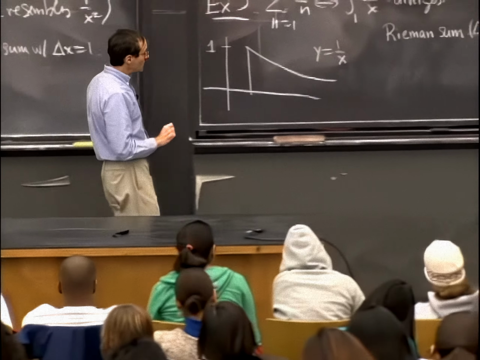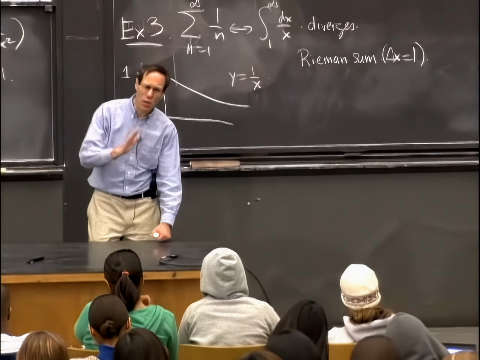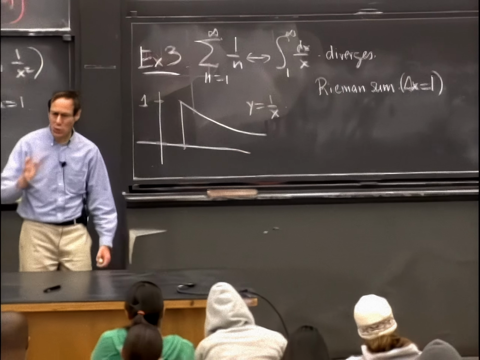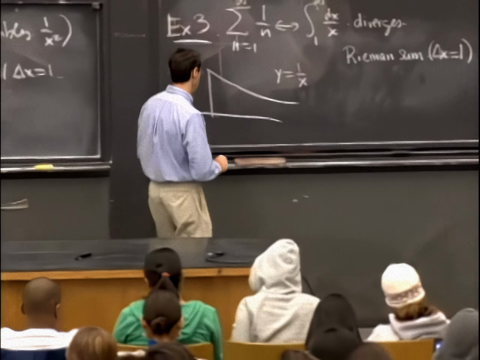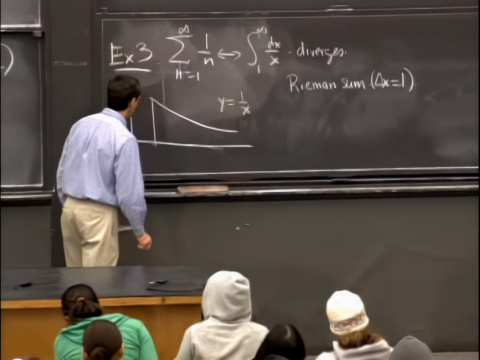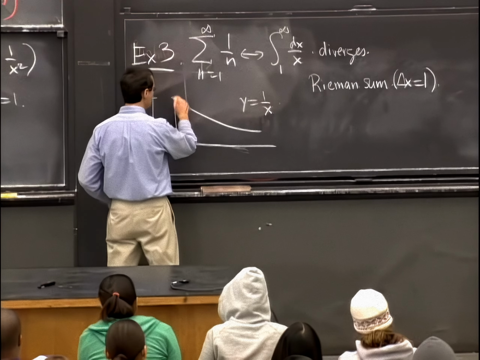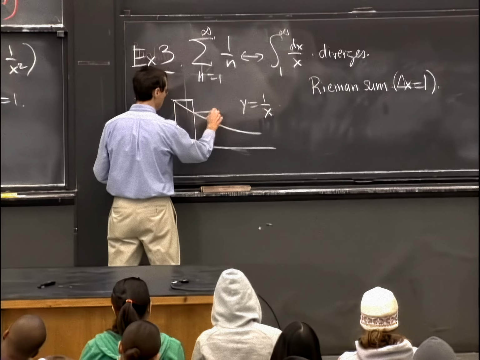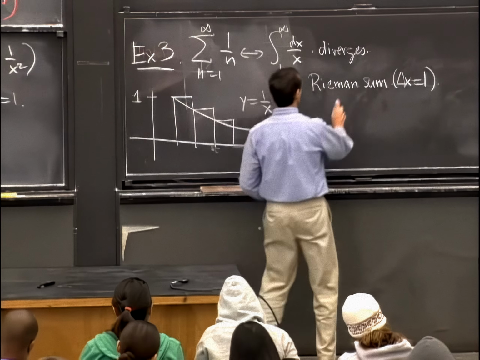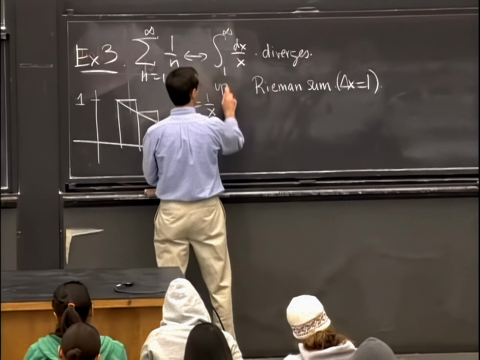But now I have to decide whether I want a lower Riemann sum or an upper Riemann sum. And actually, I'm going to check both of them because both of them are illuminating. First, we'll do the upper Riemann sum. So that's this staircase here. So we'll call this the upper Riemann sum.